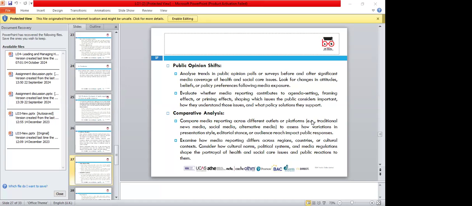Consider how cultural norms, political systems, and media regulations shape the portrayal of health and social care issues, and public reactions to them. Very important. You have to take note of this.